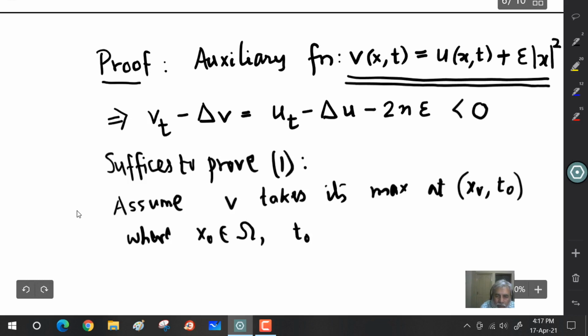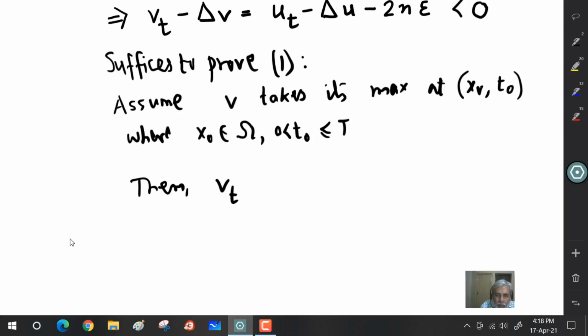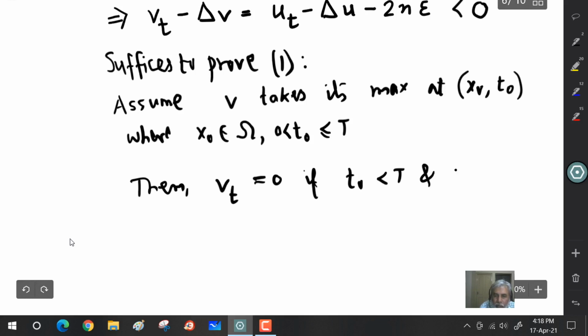We want to rule out even t equal to t, but suppose we take that. Then this v sub t is always either 0 or positive. It is 0 if t0 is strictly less than t, and vt is bigger than or equal to 0.